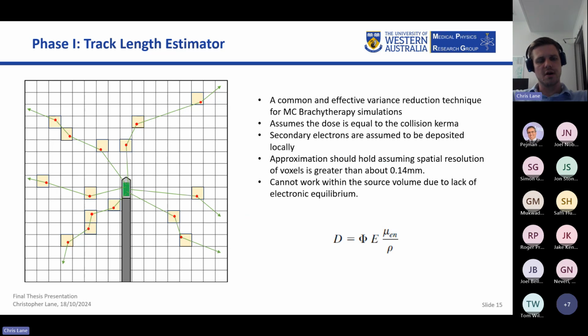So this is basically within the source itself and within about 2 millimeters from the source surface, where you can still calculate the dose, but the uncertainty goes up by a factor of 10. And yes, so you'll be basically scoring by Kerma instead of dose.